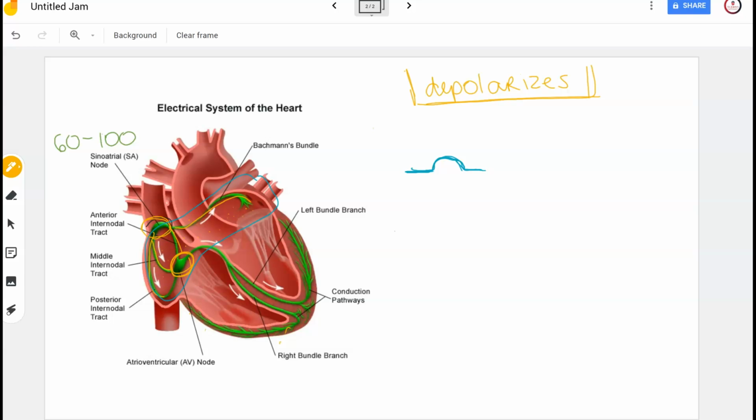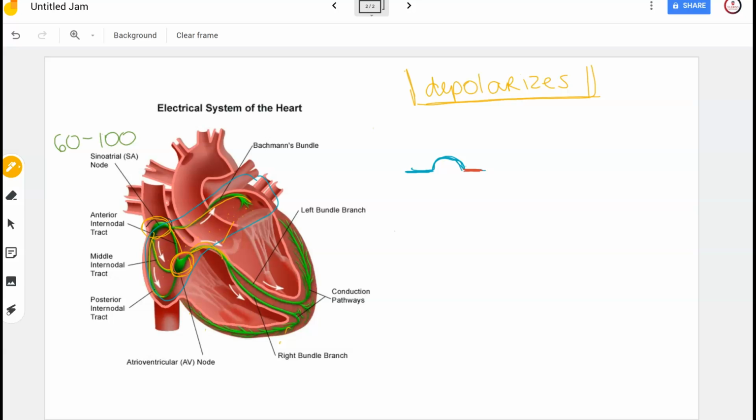So in that little moment right there, you have this pause at the AV node, and that's totally normal. It should be a brief pause before the electric continues on down.